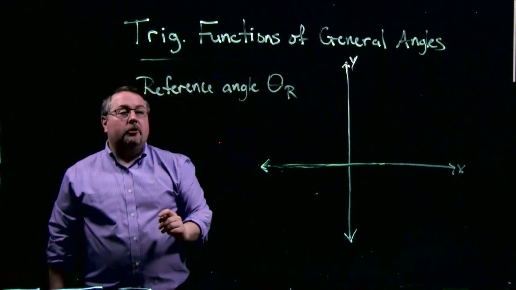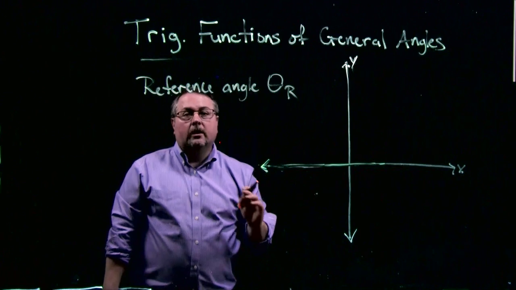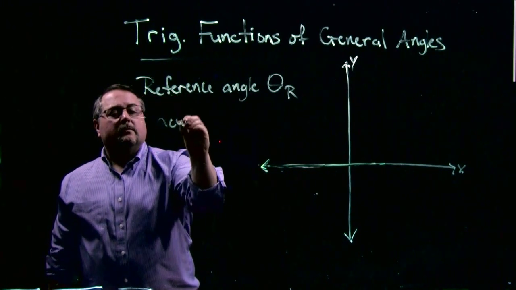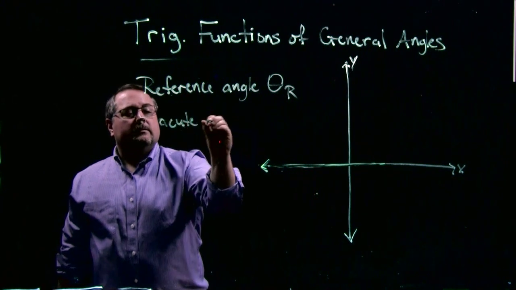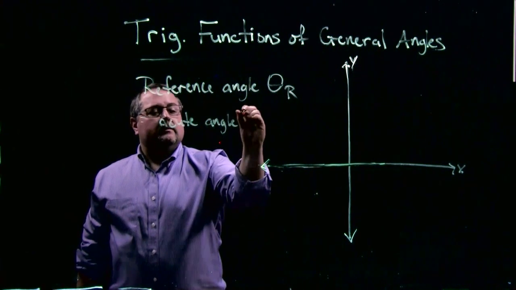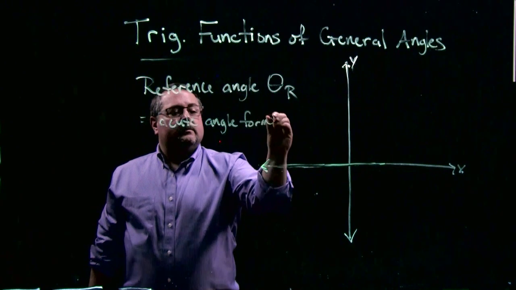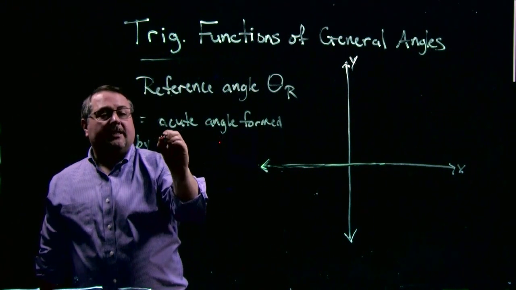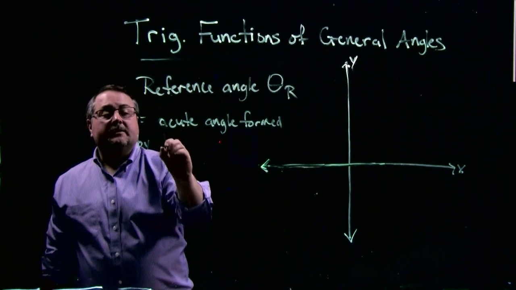Okay, and I'm going to denote this by theta subscript r. Okay, and this is just the acute angle formed by the terminal side of theta and the x-axis.